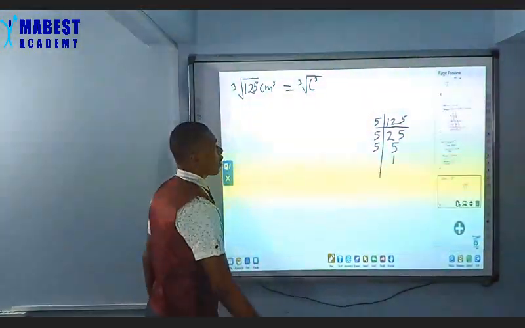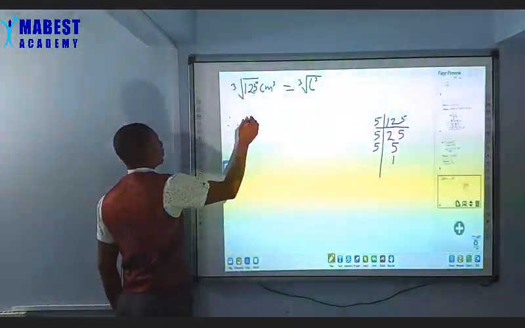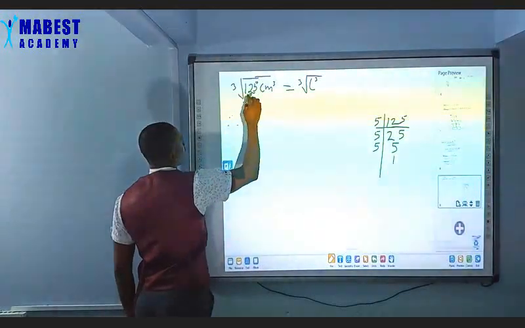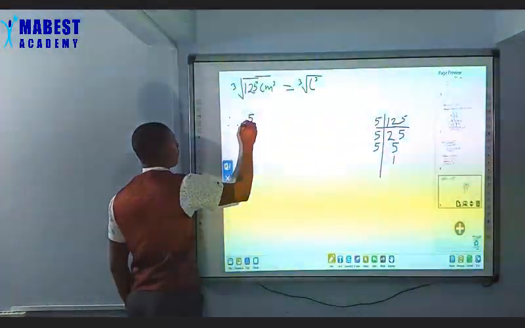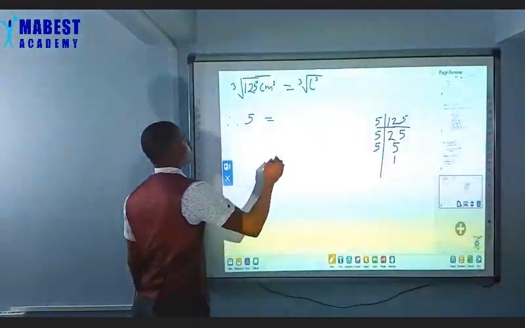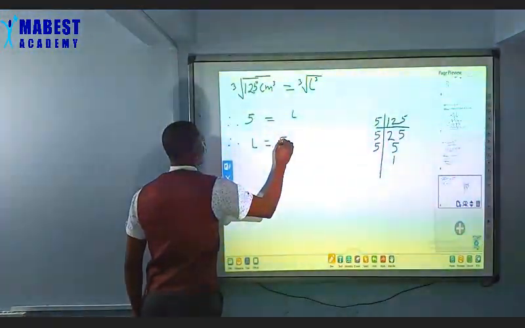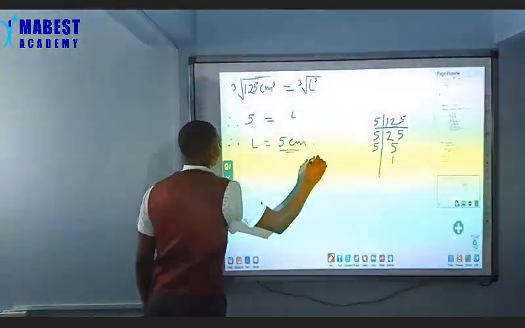You observe that 5 repeats itself 3 times. It therefore means that the cube root of 125 is equal to 5. And the cube root of L cube is L. Therefore, we say that our L is equal to 5 centimeters.